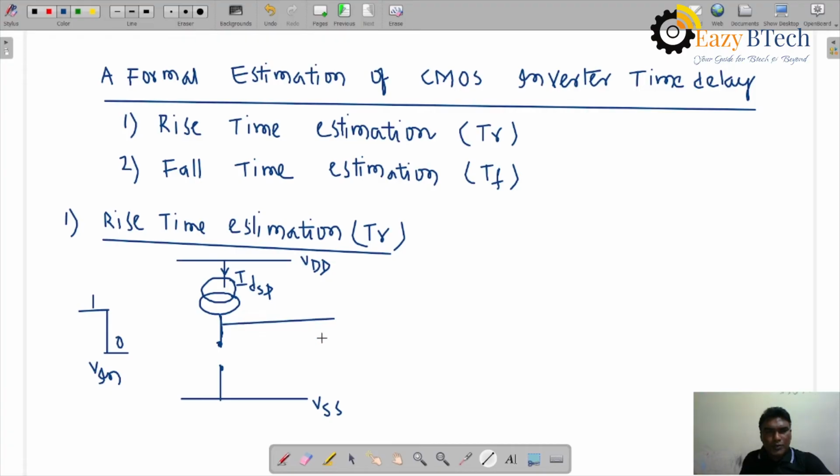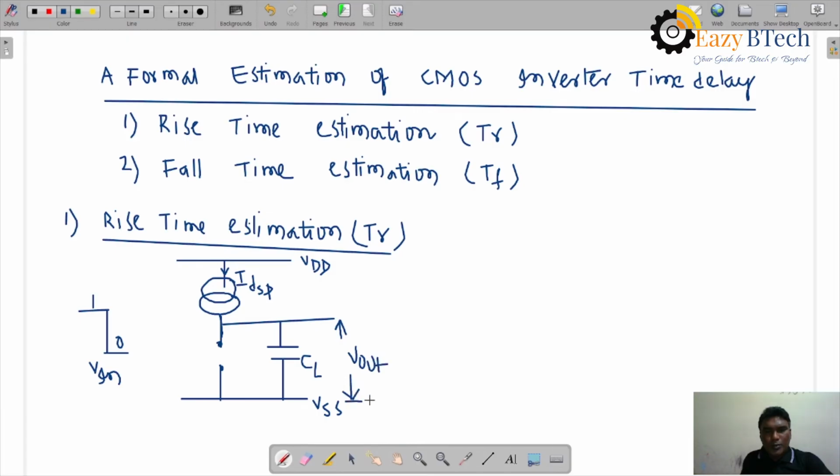So the output of this one is the load capacitance. We can take the load capacitor, and here we take the output across the capacitor, V out.